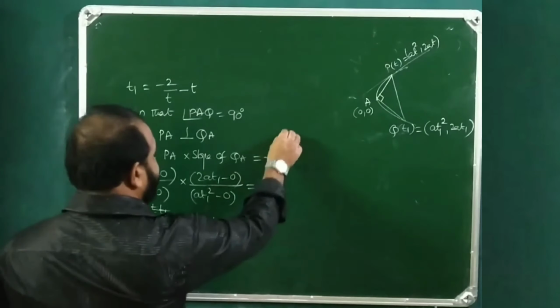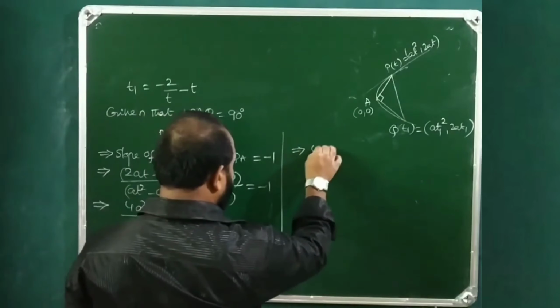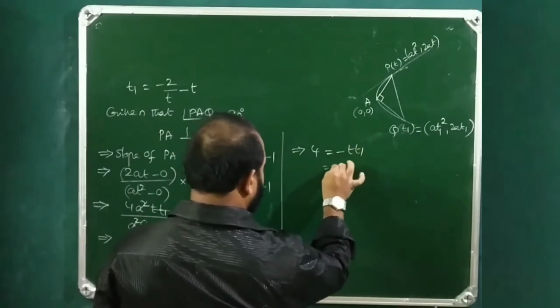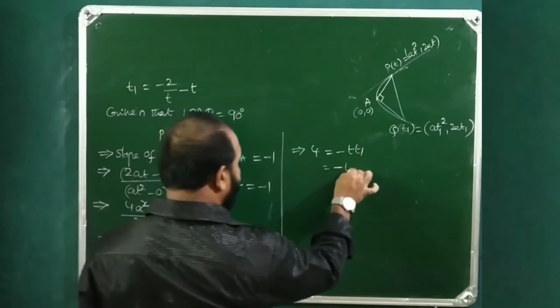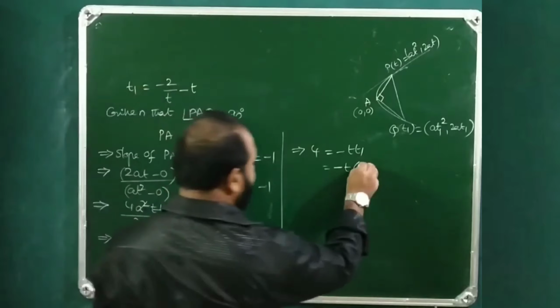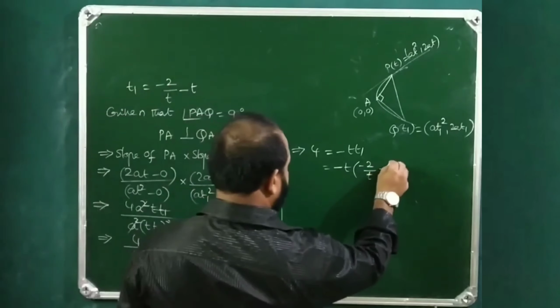This implies 4 is equal to minus tt1. Minus t into the value of t1, which is minus 2 by t minus t.